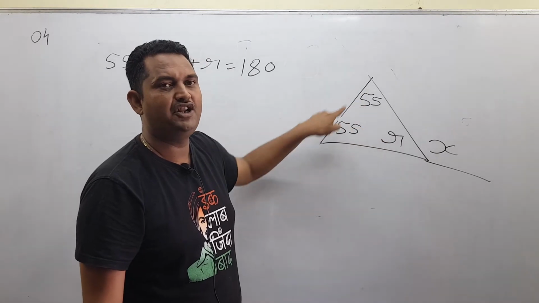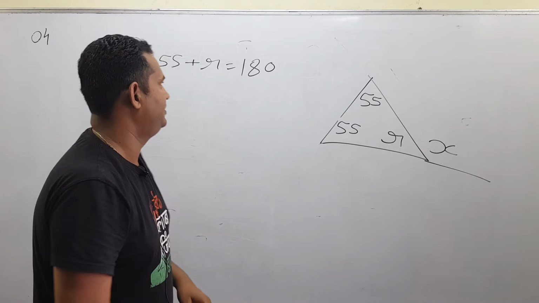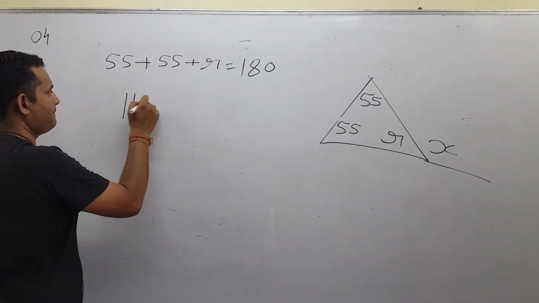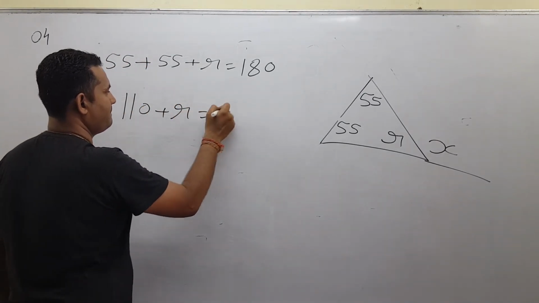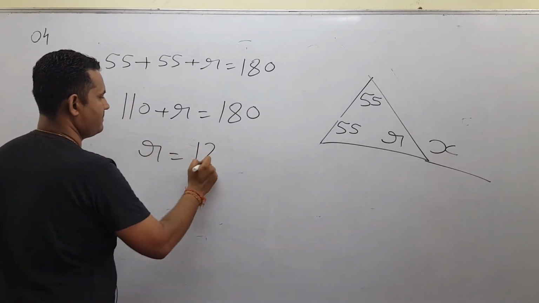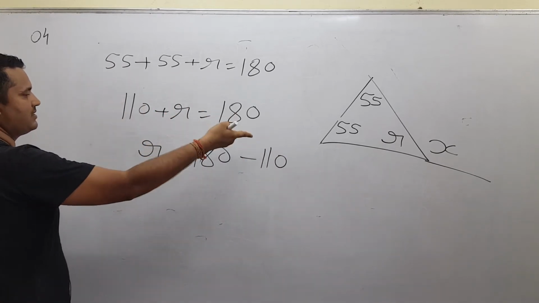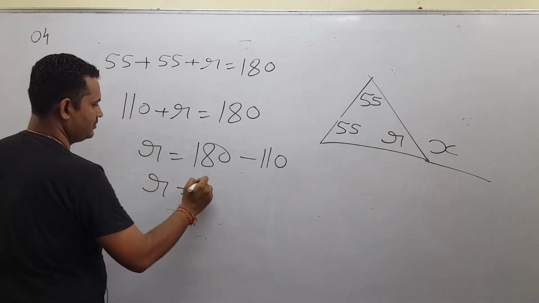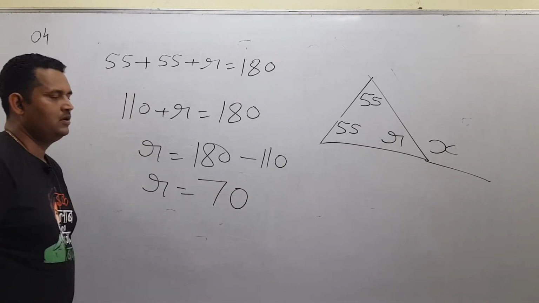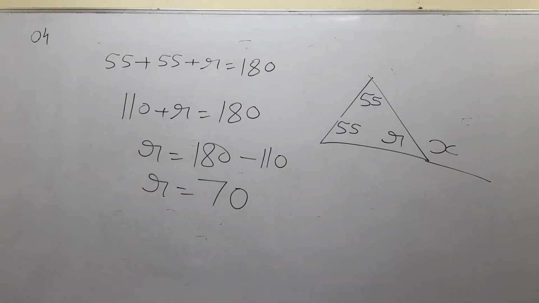These make 180 degrees. This plus 110 will go there as minus 110. So the answer of r is 70 degrees.